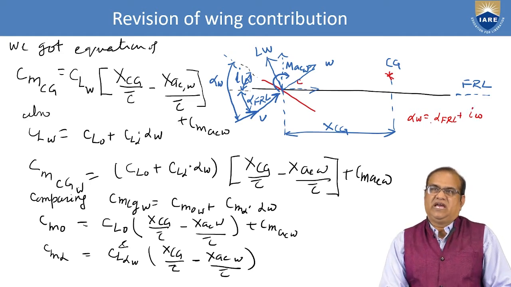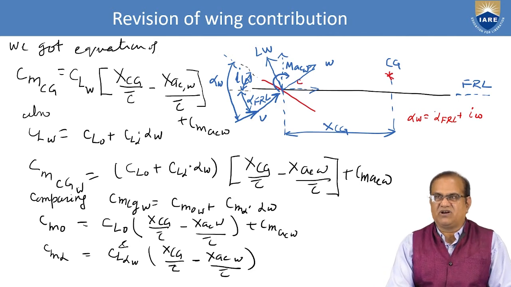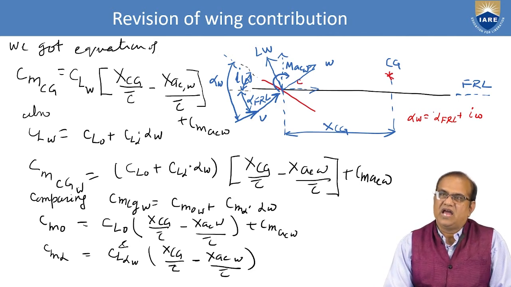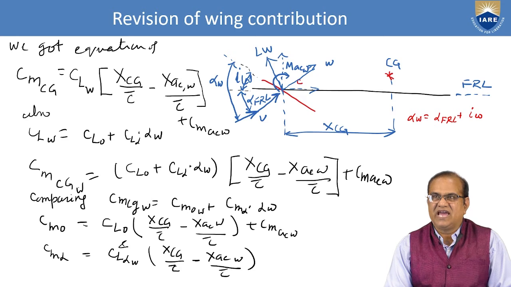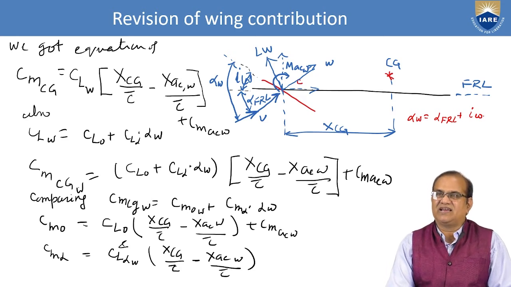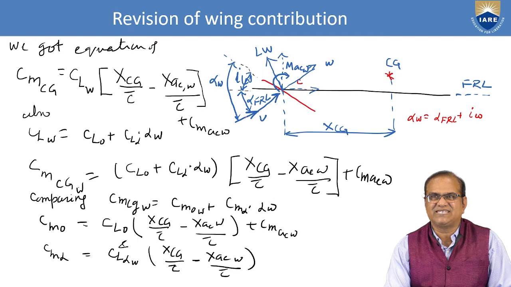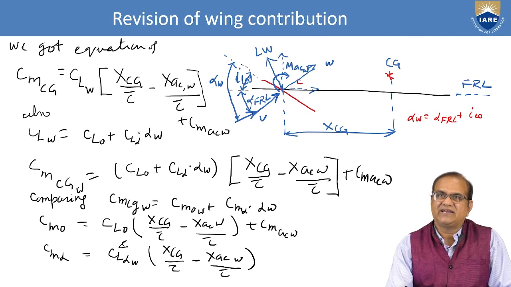So this total angle of attack is the summation of FRL, the fuselage reference angle of attack, plus the incidence angle, or the wing setting angle, of the wing. If you see this diagram, we can see that the lift is produced perpendicular to this. It is denoted LW, and drag will be in the same direction.